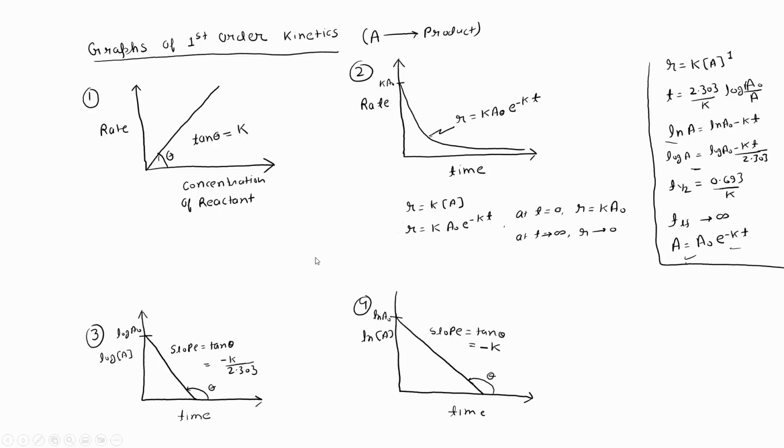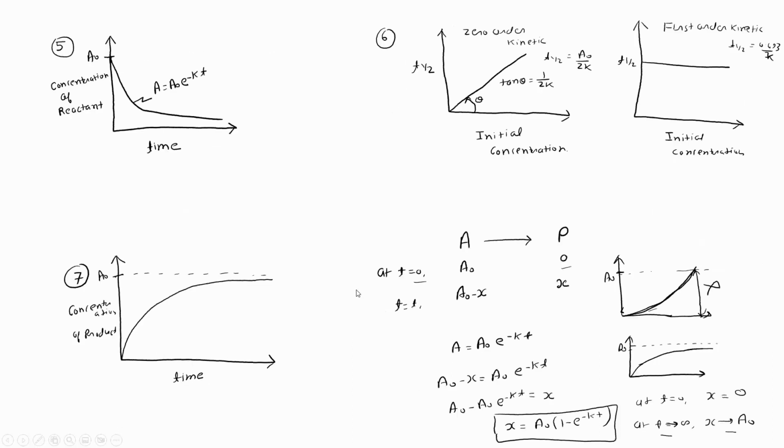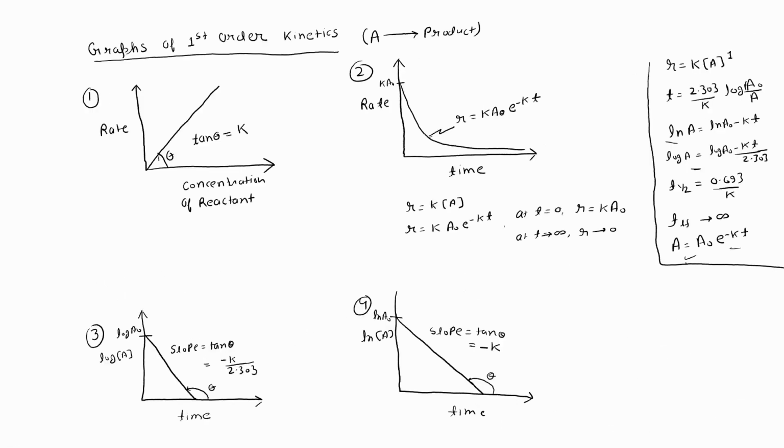If log of concentration is linearly decreasing with respect to time, there is first order kinetics. Or if concentration of A is exponentially decreasing with respect to time, there is first order kinetics. If T half is constant with respect to initial concentration, first order kinetics. And if concentration of product exponentially increases with respect to time, it means first order kinetics.